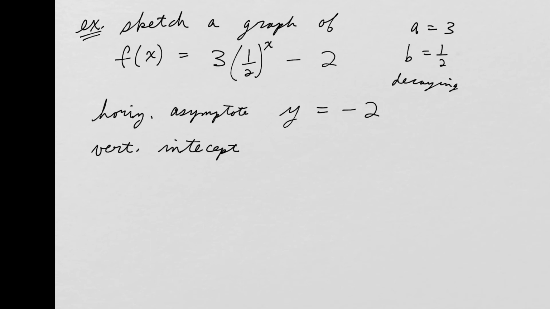So the vertical intercept, remember, is going to be shifted now to 0, comma, a plus c. So in this case, it'll be 0, comma, 3 plus -2, but that's just equal to 0, comma, 1. Right, so that point is going to be 0, comma, 1, the vertical intercept. So now we can sketch the graph, right? That should give us plenty of information.